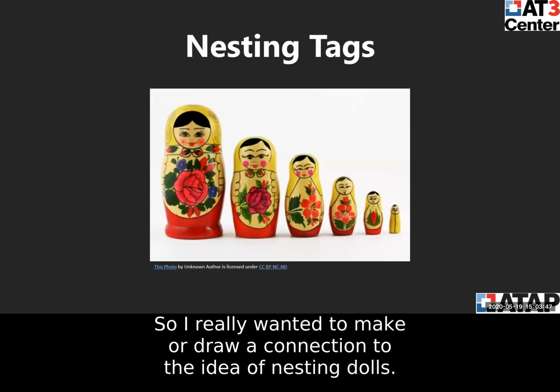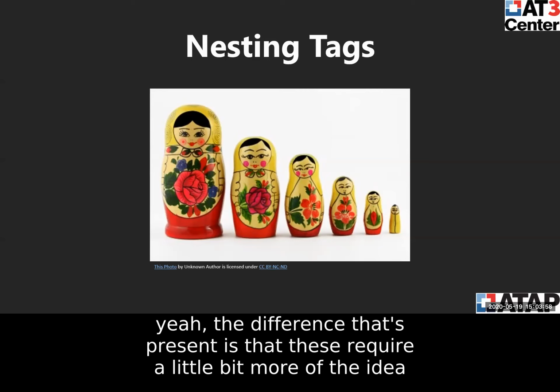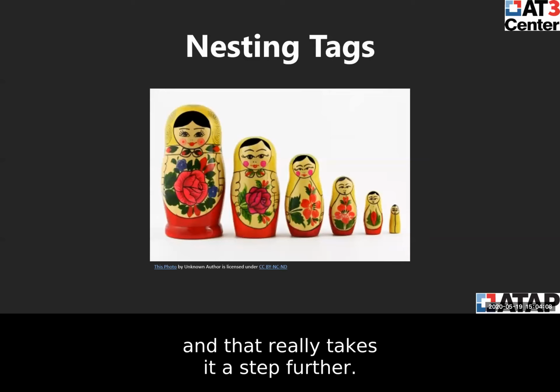So I really wanted to draw a connection to the idea of nesting dolls. The difference with lists and tables is that these require a little bit more of the idea of nesting. We talked about buckets and containers last time we met, and this really takes it a step further.